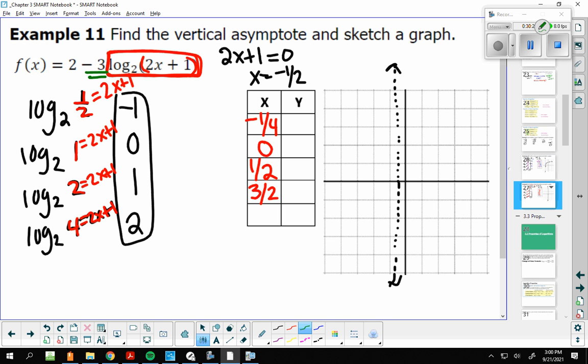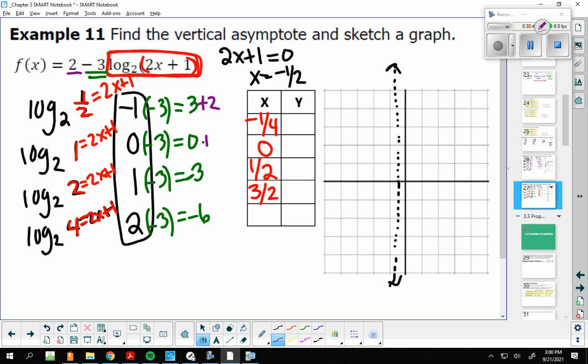This isn't a -3, it's a -3 times something. So we're going to multiply these by -3 first. And we get 3, 0, -3, and -6. And our last step is that we have to add 2. So +2, +2, +2, +2. And that gives me 5, 2, -1, and -4.